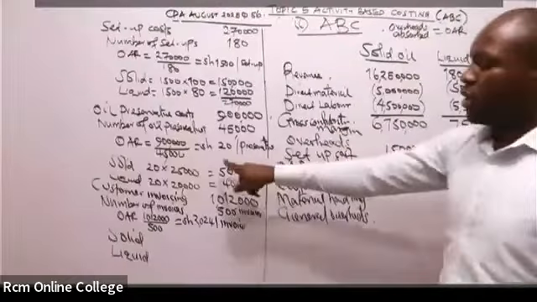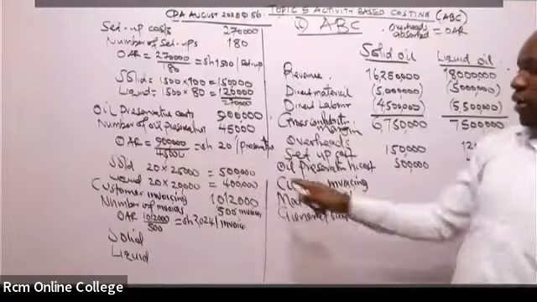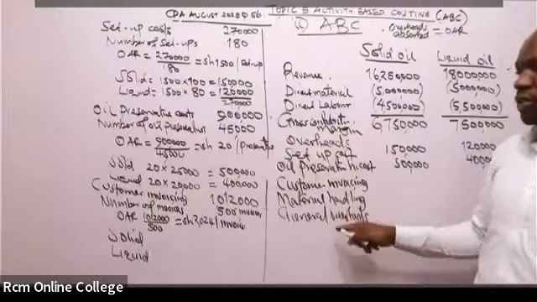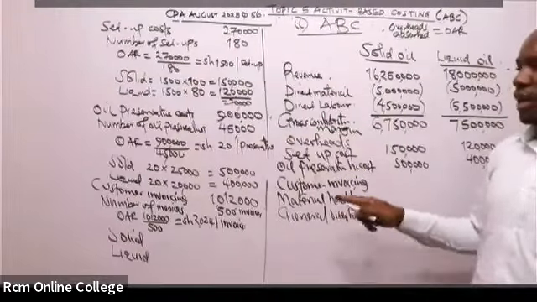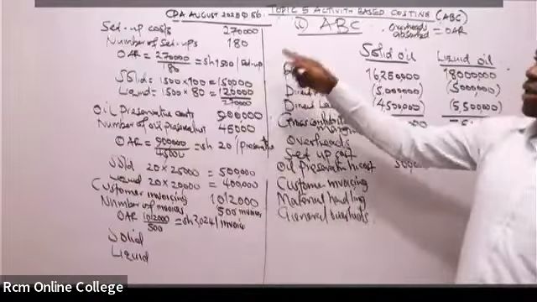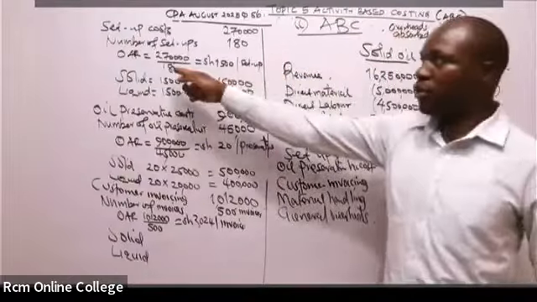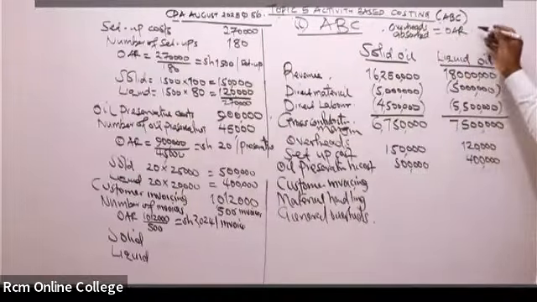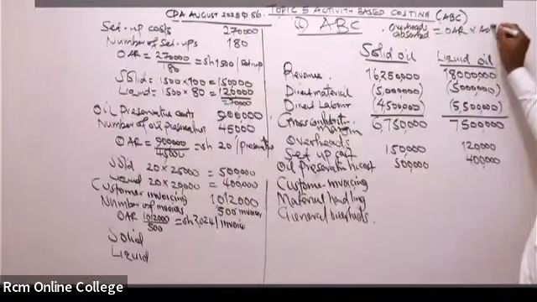That's what we are looking for. We want to get overheads absorbed, and for that we must calculate the overhead absorption rate, because overhead absorbed is equal to overhead absorption rate times activity level.